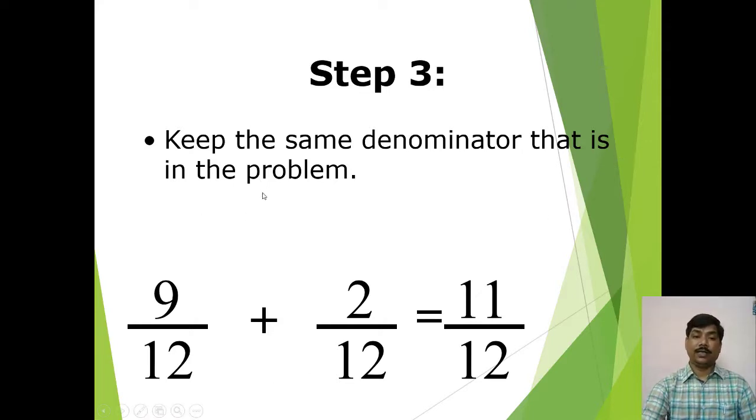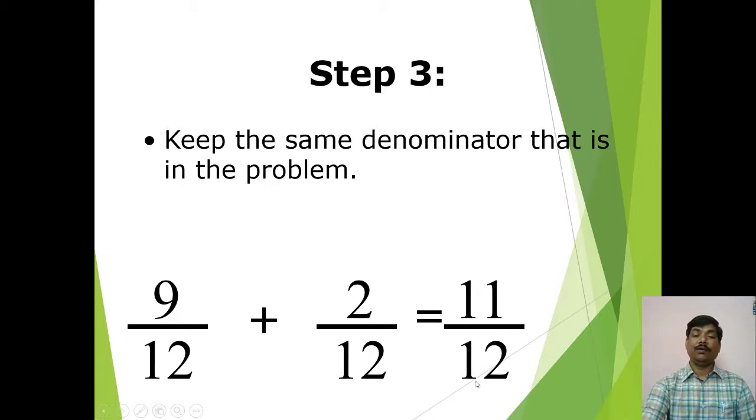That is in the equivalent form of the problem, it means in that form in which they have a common denominator. So in this way 11 upon 12 is the sum of 9 upon 12 and 2 upon 12.